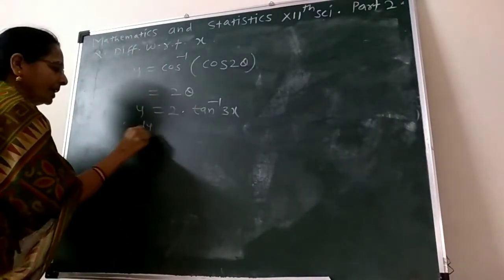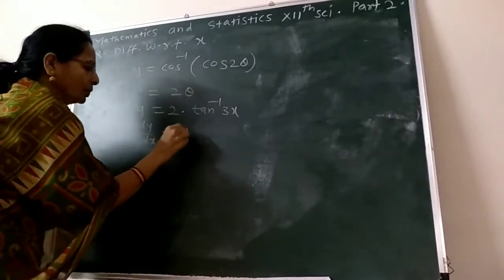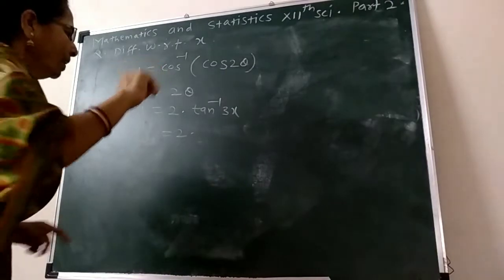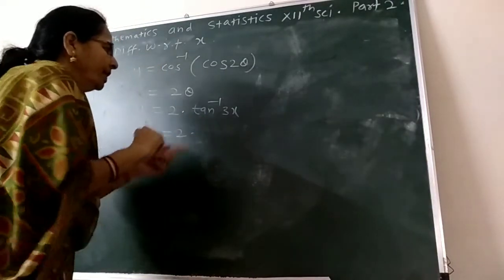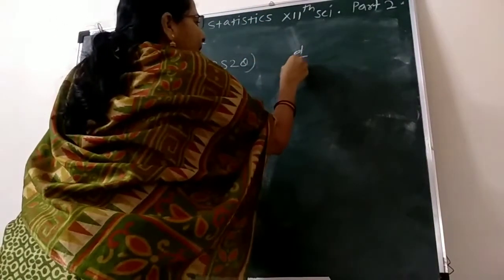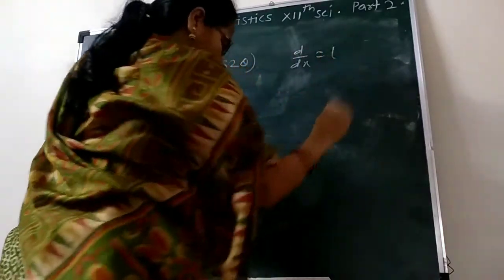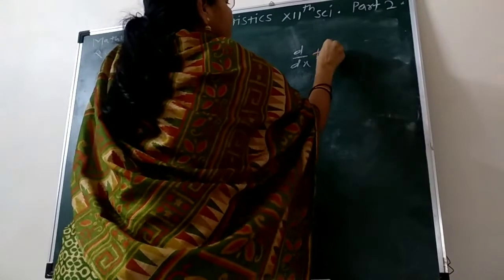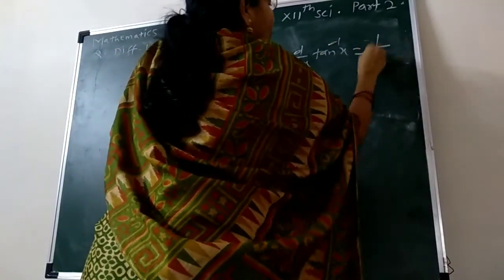Therefore dy by dx is equal to the derivative of 2 tan inverse 3x. This is a composite function. The derivative of tan inverse x is 1 upon 1 plus x square.